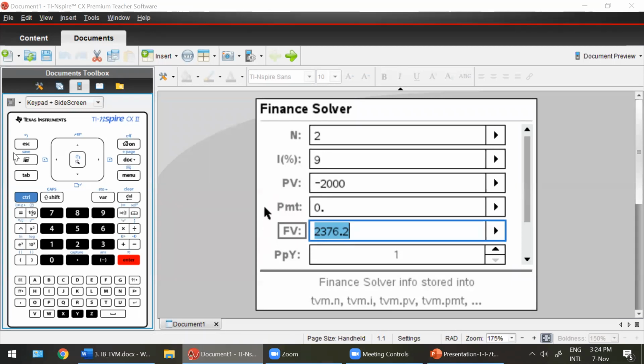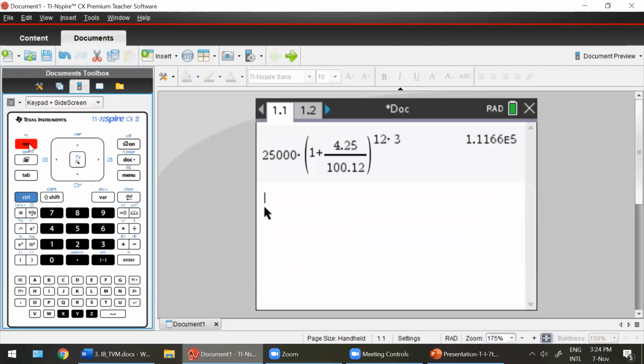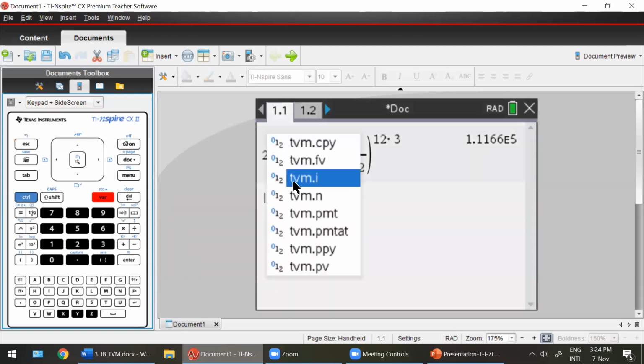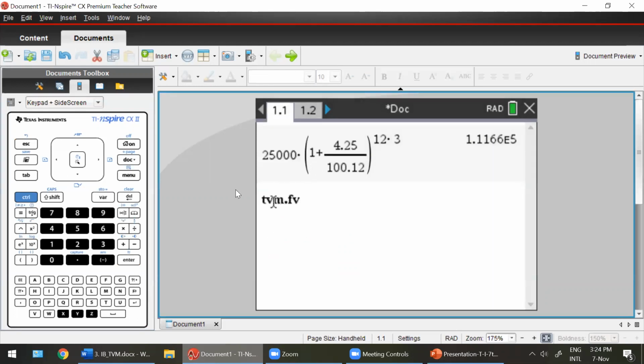You can always come out of this mode by pressing escape, and just type in TVM. It'll also be stored in variables. Let's say you wanted to know what was the future value of money. Observe, it's bold. The fact that it's bold tells you that the values have already gotten stored as variables, all right?